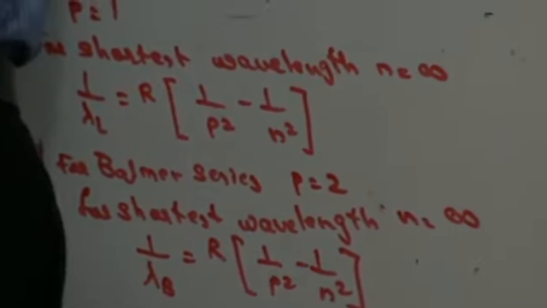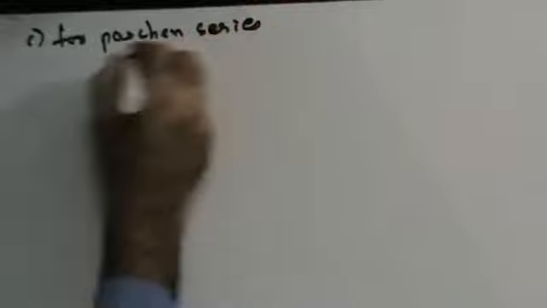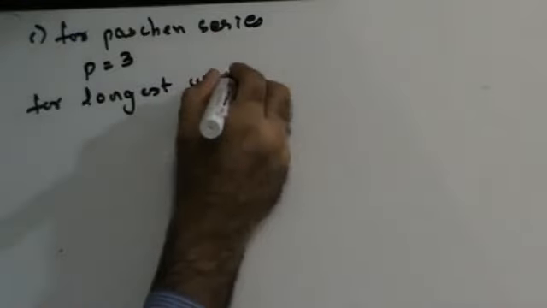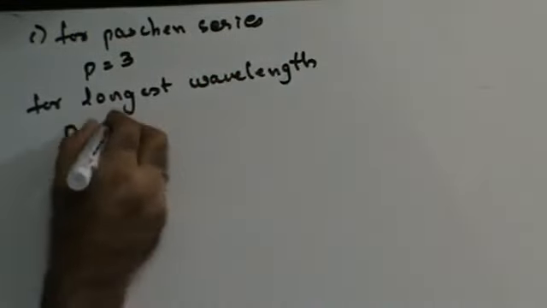Now I can say for Paschen series, p is equal to 3 for longest wavelength. Since p is 3, n should be equal to 4. I can say 1 upon lambda p is R times 1 upon p square minus 1 upon n square.